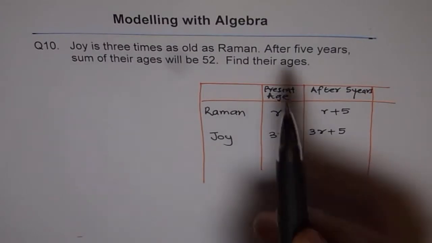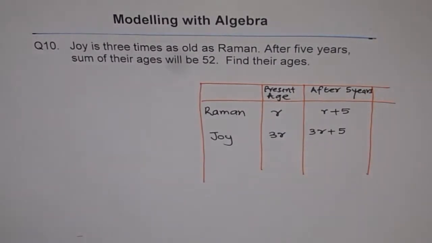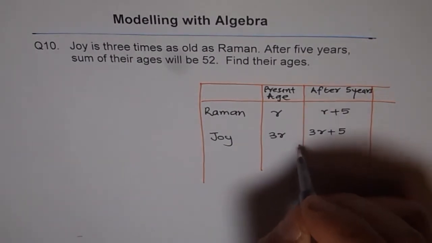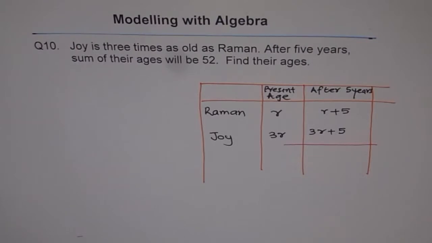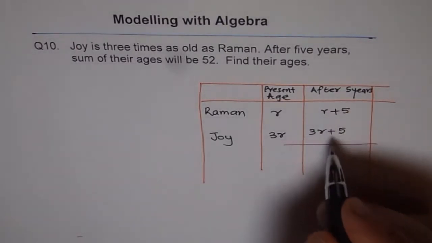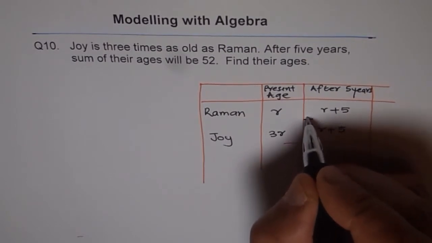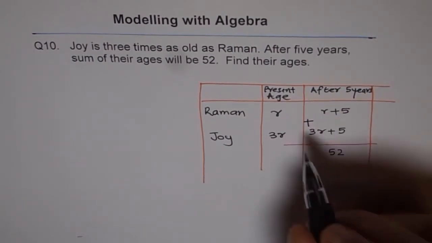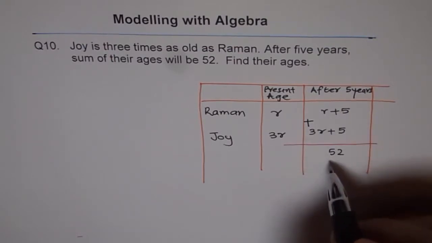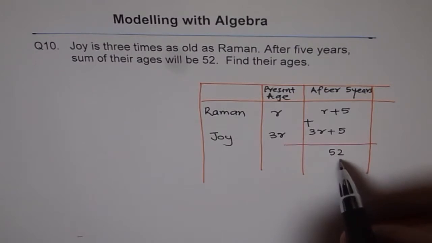Now it says, after 5 years, sum of their ages is 52. That means if I add them, I should get 52, right? So after 5 years, if I add these 2 things, then I should get 52 here. Is that okay? That is what the question says. So I get my equation here. Do you see? R plus 5 plus 3R plus 5 should be 52.